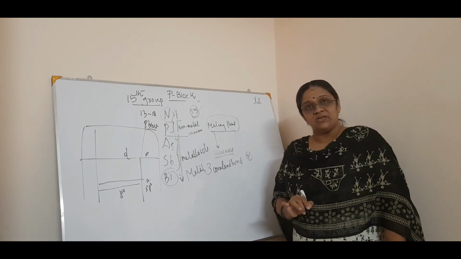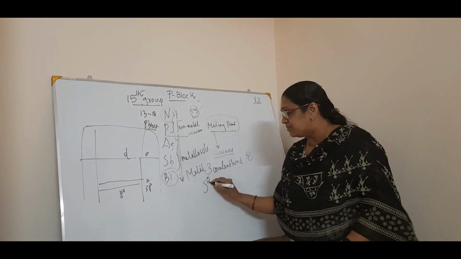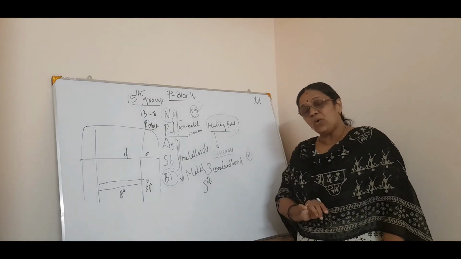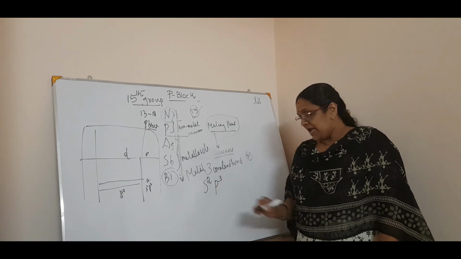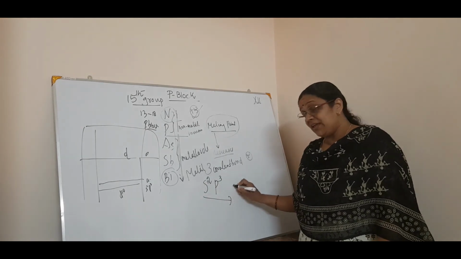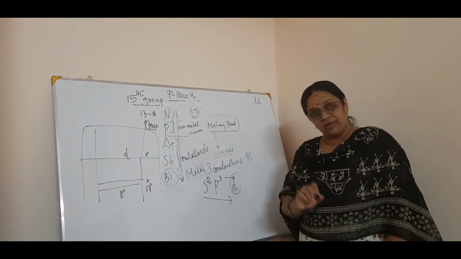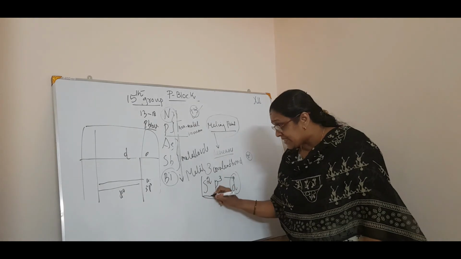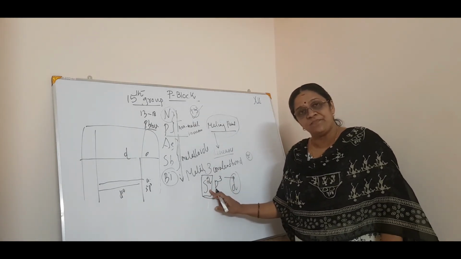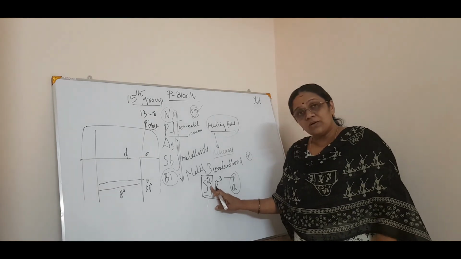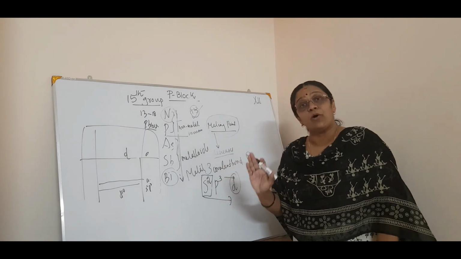Rather than 5. So how many less? 2. That 2 is from this s2. See how it makes bonds? s2p3 is the electronic configuration, and it has a vacant d orbital, which we will come to. So there also they can make covalent bonds. So this s2, which is inner to the p, does not take part in bonding.